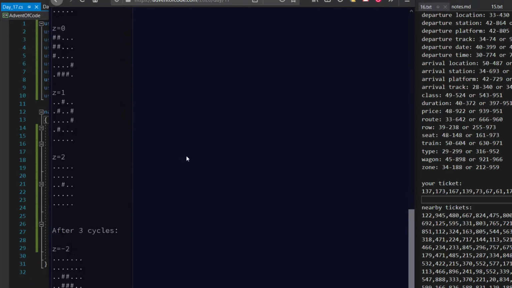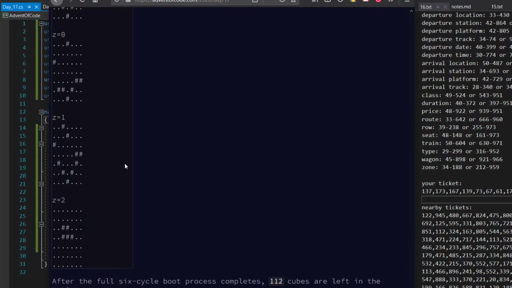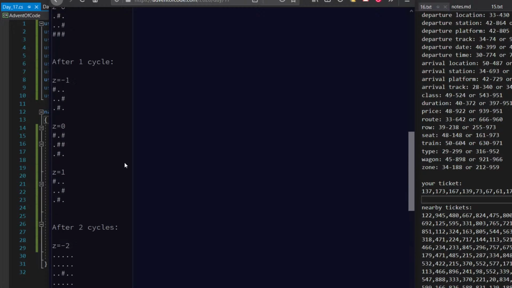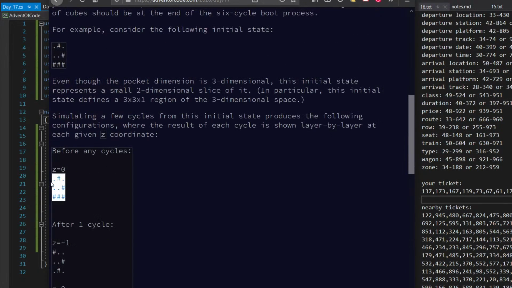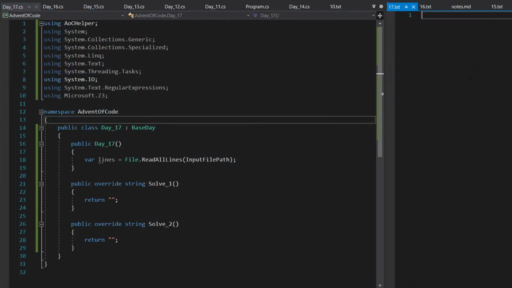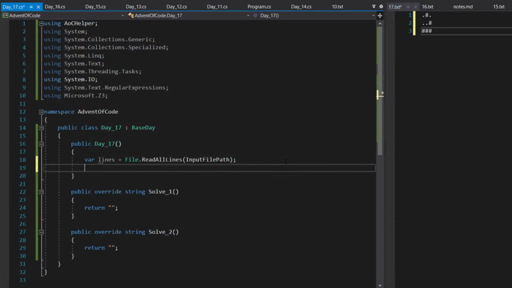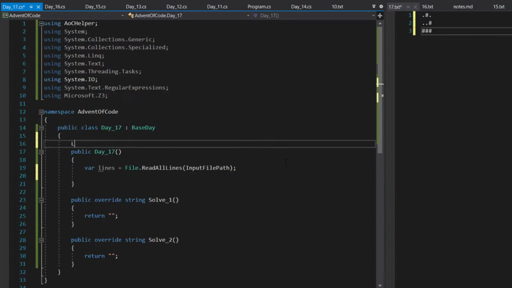What does our puzzle input look like? Okay, a grid. So we take our grid, start with our test grid and do the parsing first. So we need, since we're working with the infinite set, let's just do a list of tuples.